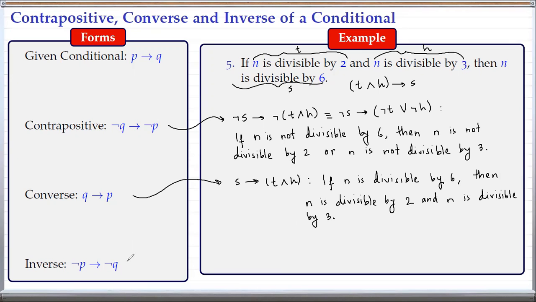Now, inverse. For inverse, we negate both the hypothesis and the conclusion parts and keep the direction.